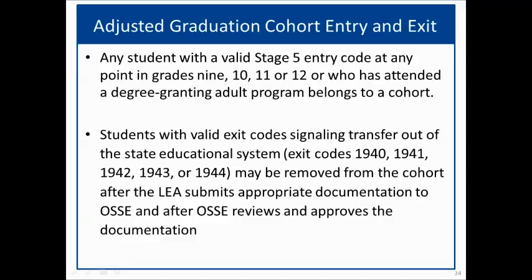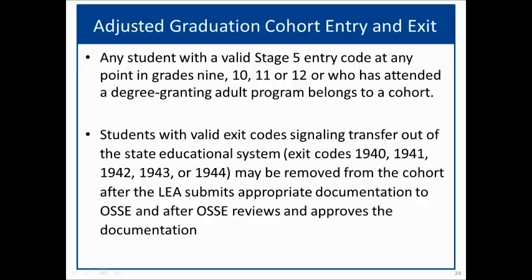Other special circumstances around entry and exit include the adjusted graduation cohort. Any student that has a valid stage 5 entry code at any point when they're in grades 9, 10, 11, or 12, high school, or who has attended a degree-granting adult program belongs to a cohort.